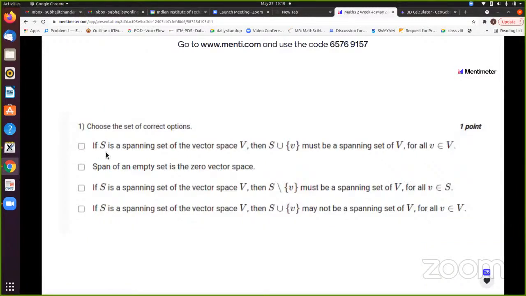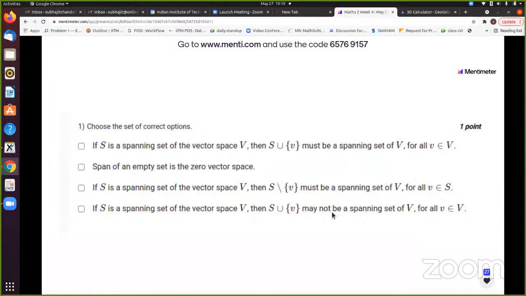S does not contain all the vectors of V. It may not be duplicating. S is a subset of V, so I can take some vector outside of it. All right. Thank you.